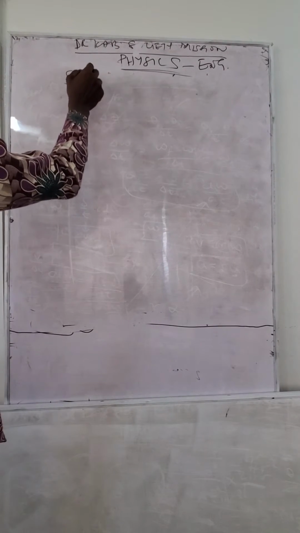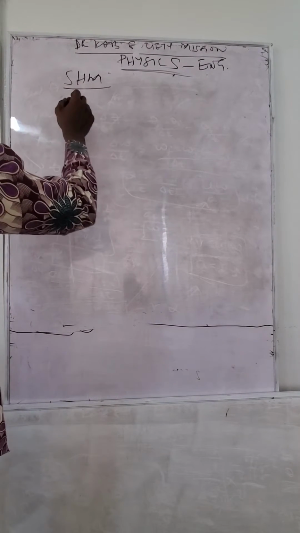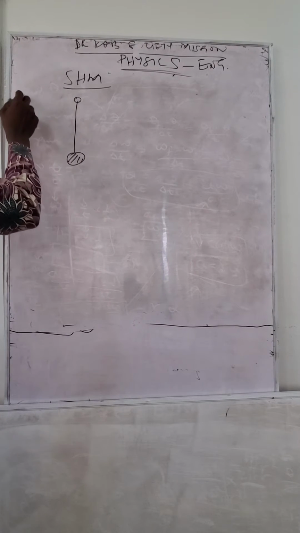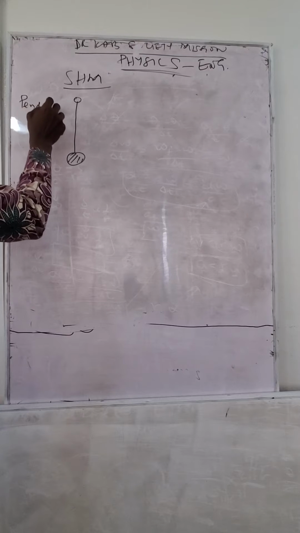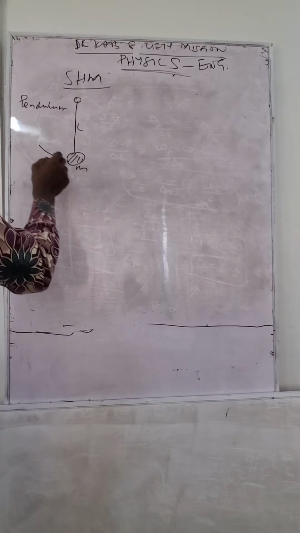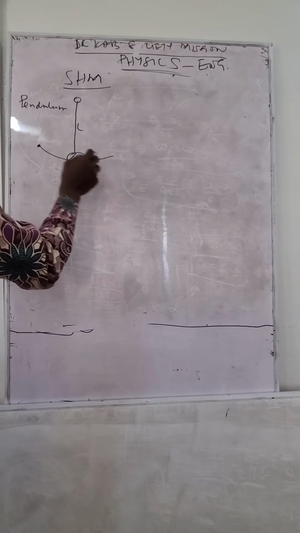Now let's look at the simple harmonic motion. Because this one we can always look at from the pendulum. So this is the mass, and it's swinging. It goes to this point and comes back.